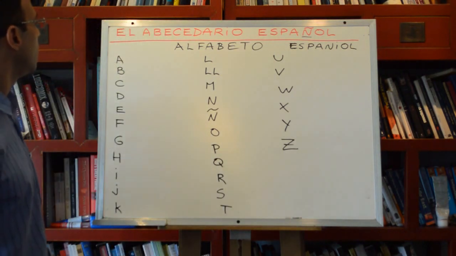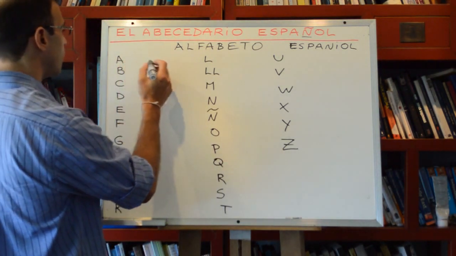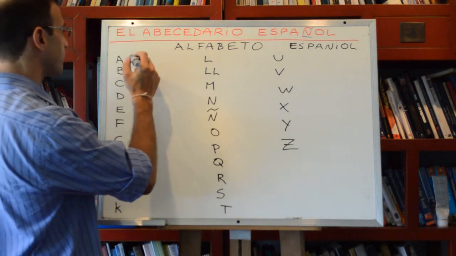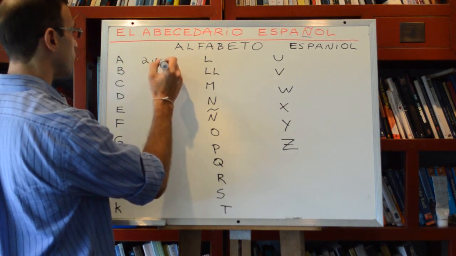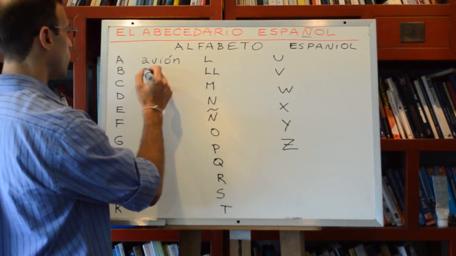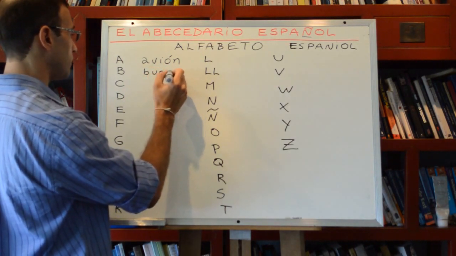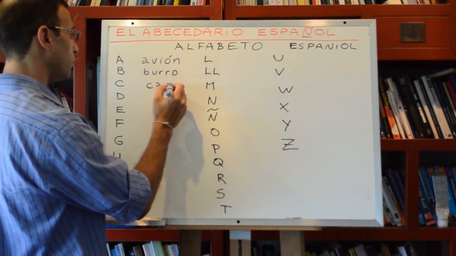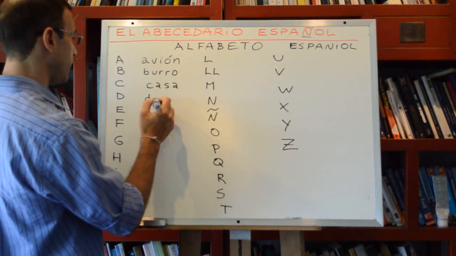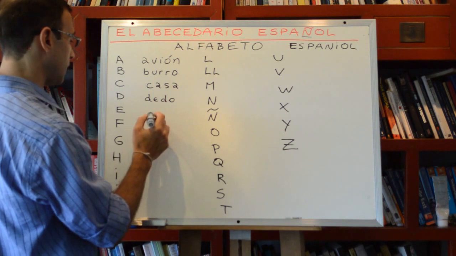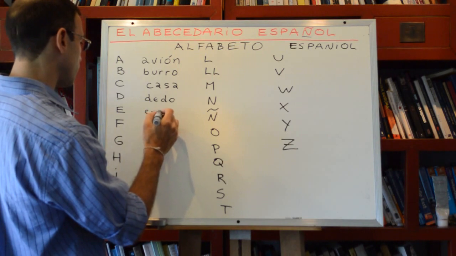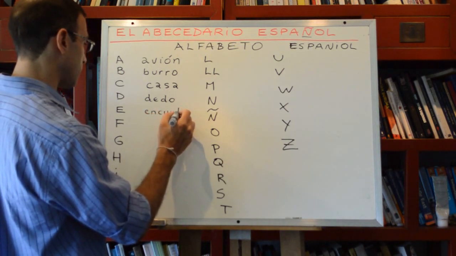Okay. Now, words with A. Palabras con A means words with A. Avión, which is airplane. Burro, for donkey. Casa, for house. Dedo, for finger. Encuentro, for meeting or gathering.